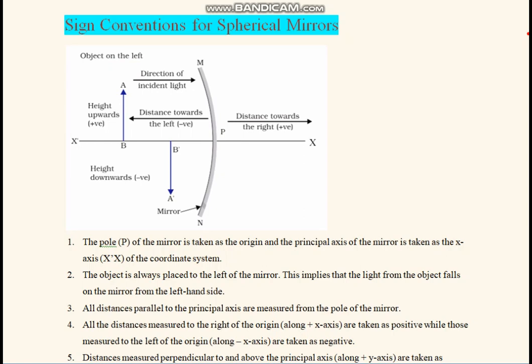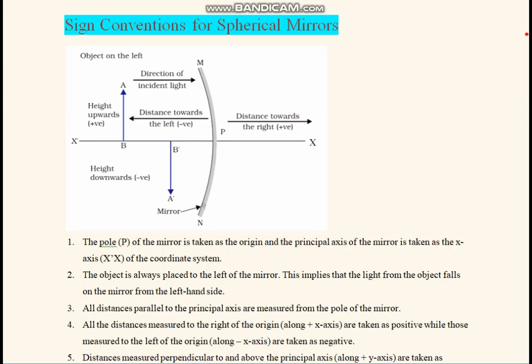Now, since we know that all horizontal distances are measured from the pole of the mirror, that is, all distances parallel to the principal axis are measured from the pole of the mirror. The distances measured towards the right of the pole are taken as positive, and those measured towards the left of the pole or origin are taken as negative. Now let us talk about the perpendicular distances.